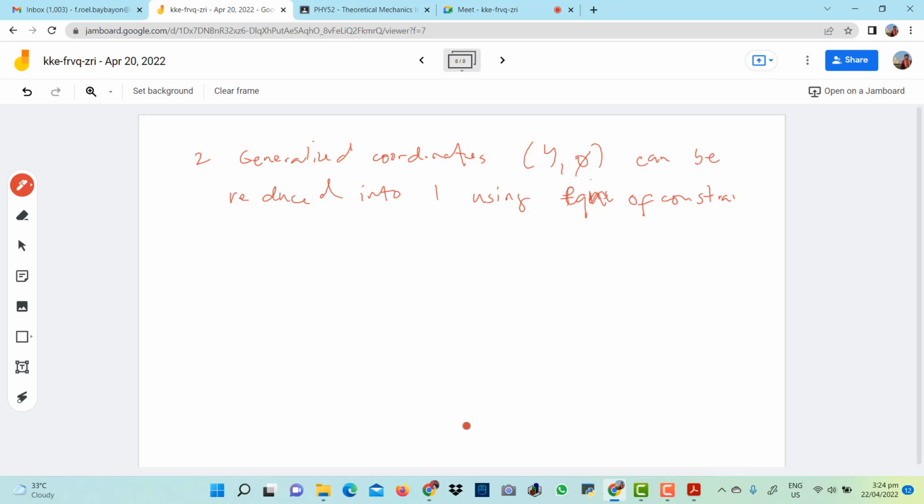So I will use f first. This f is equal to y minus a phi equal to 0. In this case, y is equal to a times phi. So I will use this.